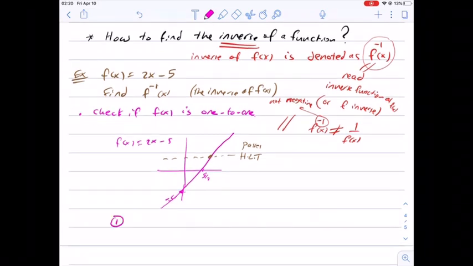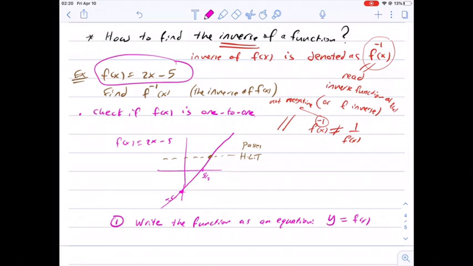How to find the inverse? The first step is to write the function as an equation. I mean to write it this way: y equals f of x.